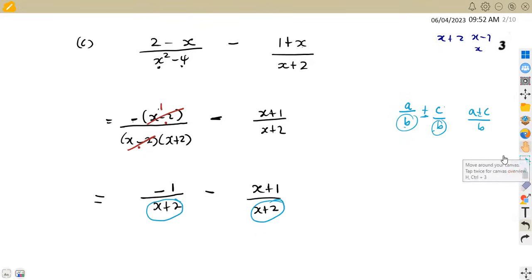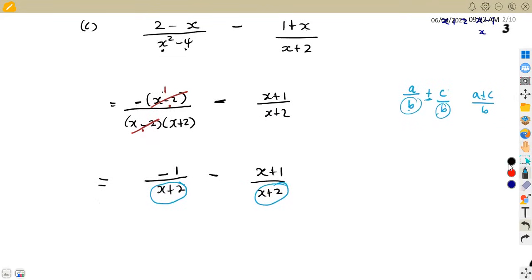So what we're supposed to do is to simply combine our numerators together, everything over x plus 2. But noting that this is going to be subtracted, this part of x plus 1. So it's minus 1 minus, we are subtracting this expression of x plus 1. Everything is being subtracted. So the best way is to open the bracket so that we can subtract this properly.